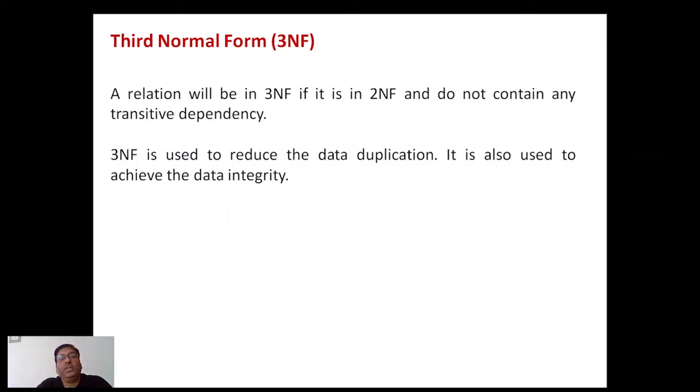So if there exists a transitive dependency, then we say the relation is not in third normal form. Third normal form is also used to reduce data duplication, as well as to achieve data integrity.